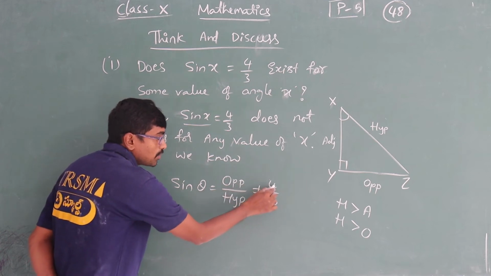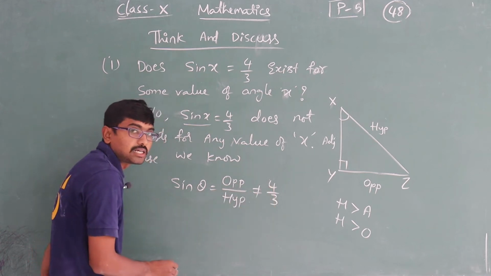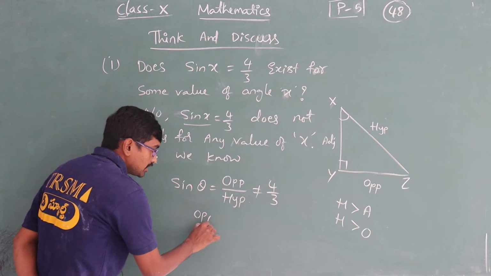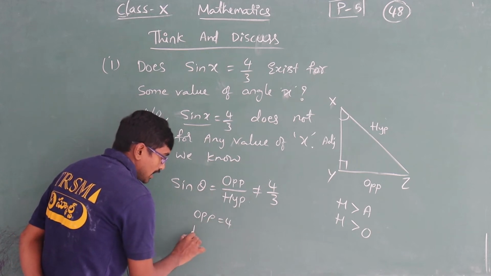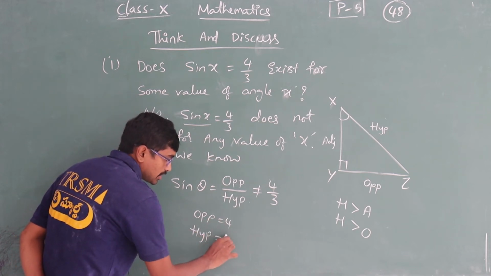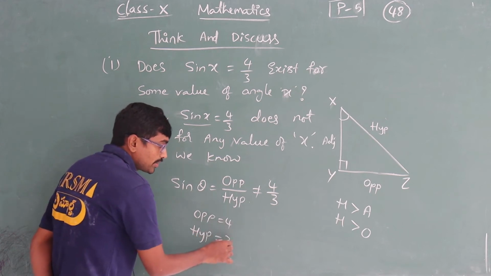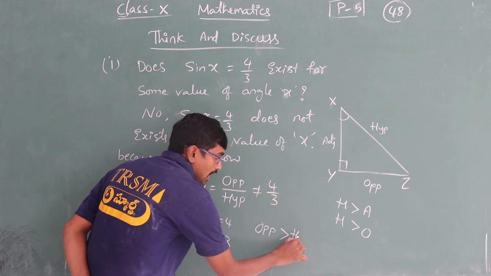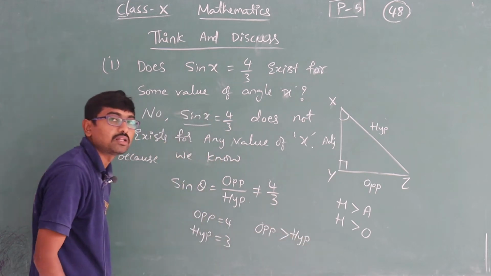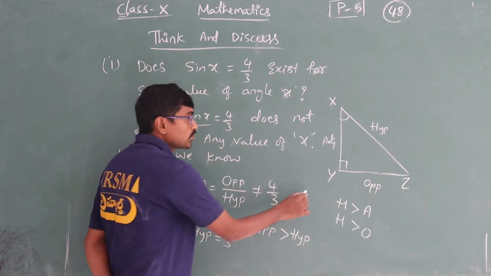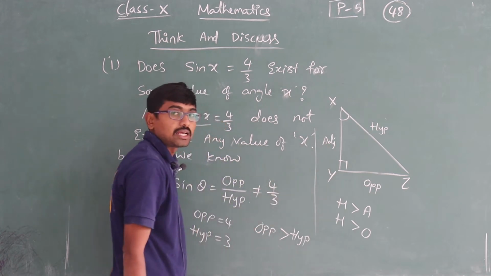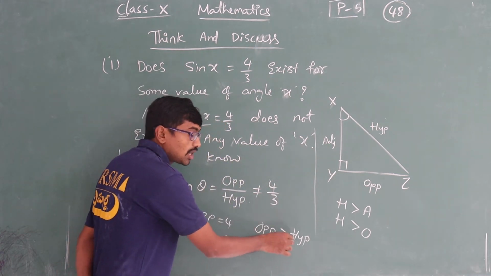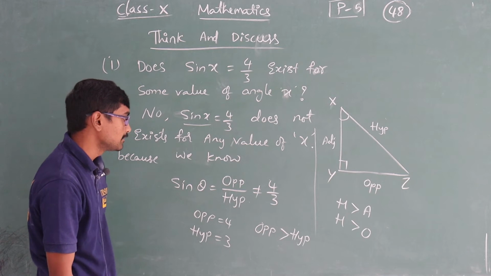Because if I take the opposite, opposite will become 4 and hypotenuse will become 3. So here the opposite is greater than the hypotenuse. Is it possible? The actual condition is that the hypotenuse should not be lesser than the opposite side.